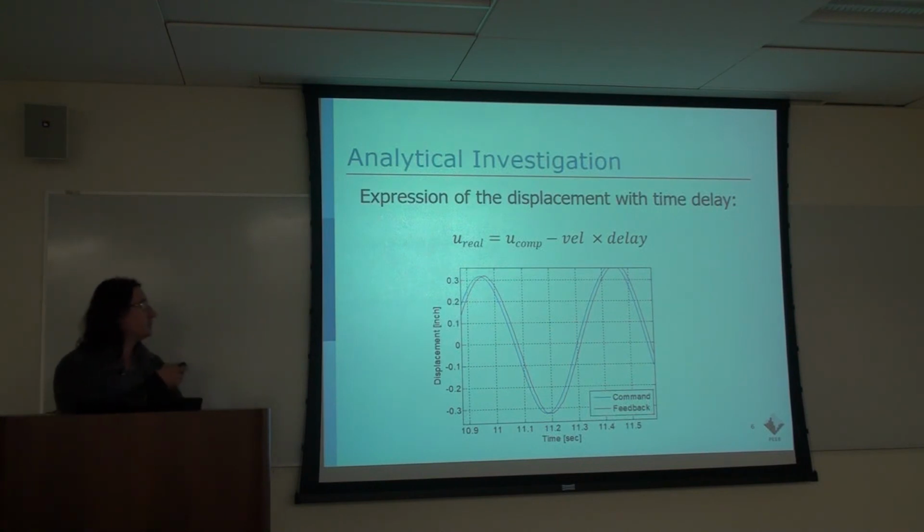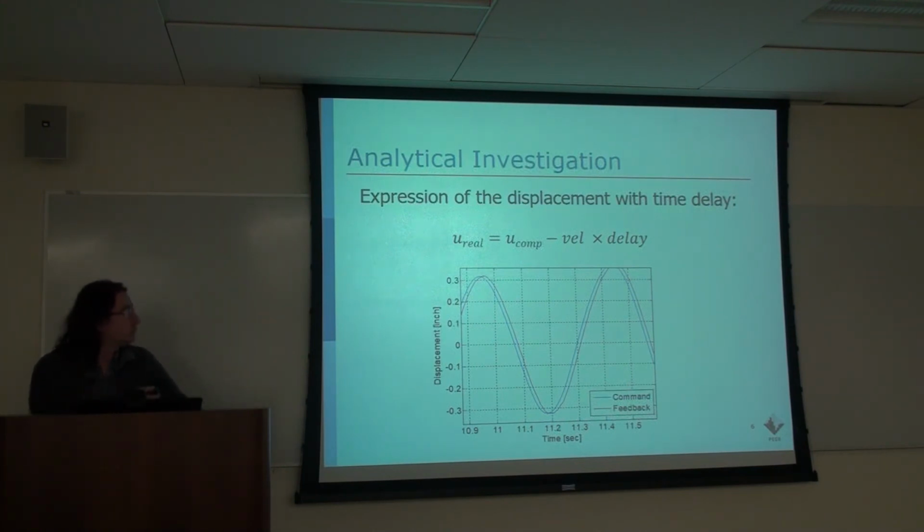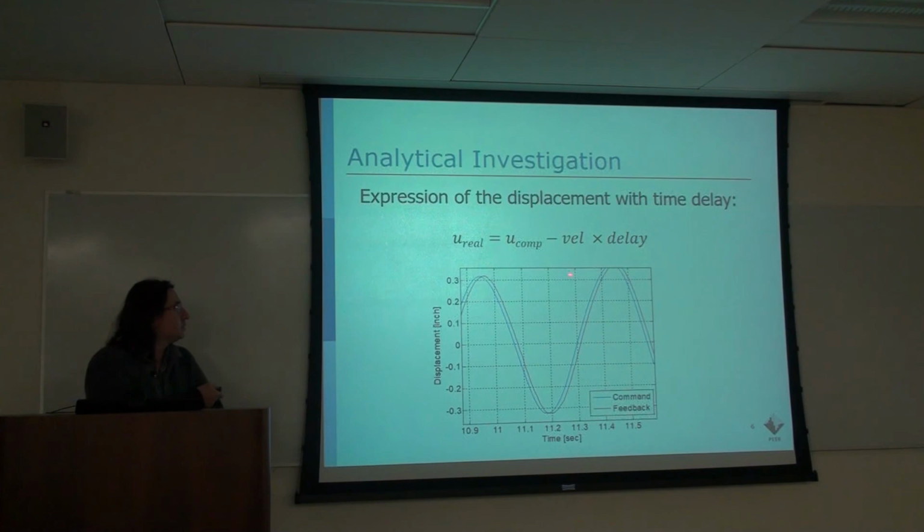To do that, we need to define the error. We define the error as velocity times the delay, because error is proportional to velocity and proportional to the delay. So this is my error term, and this is the computed displacement, and what I call the realized displacement is the displacement that goes to any analytical component here: the computed displacement minus the error, which is defined with this term.